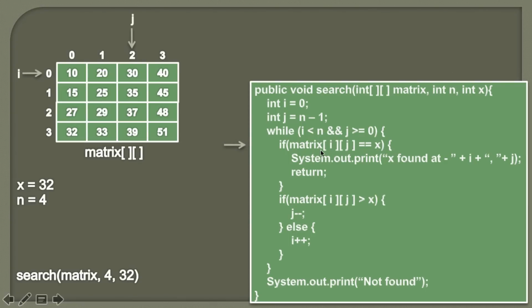We will again compare the value at i comma j index with x. So here you can see the value at 0, 2 is 30. So we'll simply compare the value of 30 with 32. The matrix value at 0, 2, which is 30, is not equal to 32. Therefore the condition in the if block comes out to be false.